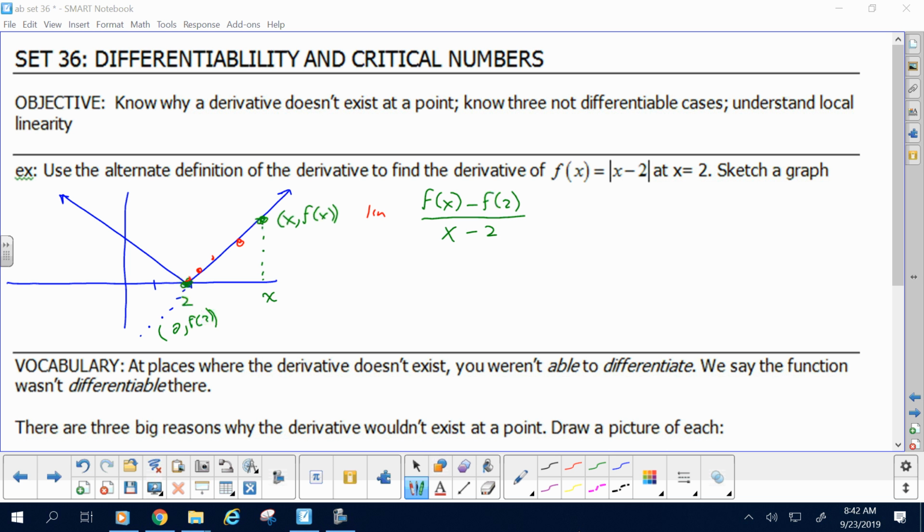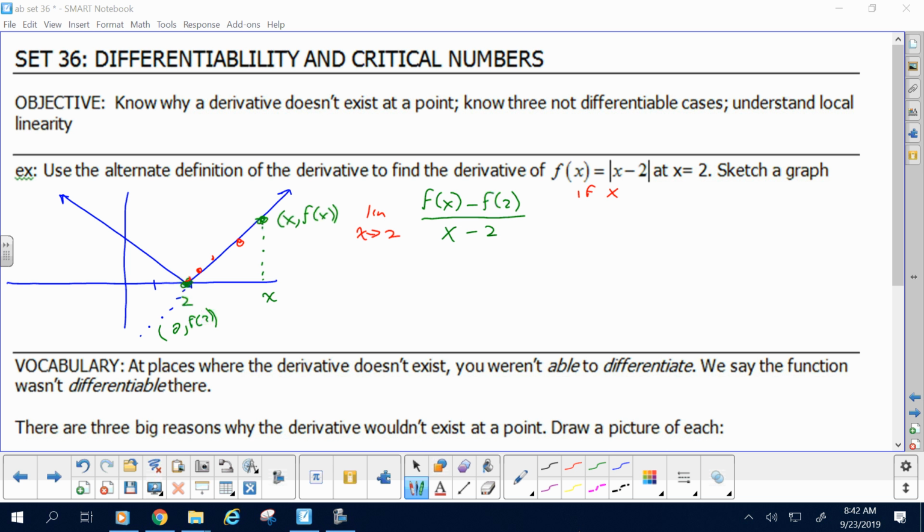Okay, I want to let x approach 2. You with me so far, people? Yeah. Okay, cool. Now, here's the problem of the day, though. It kind of depends on if the x is above 2 or below 2 as to what kind of slope you get. So write yourself a note.